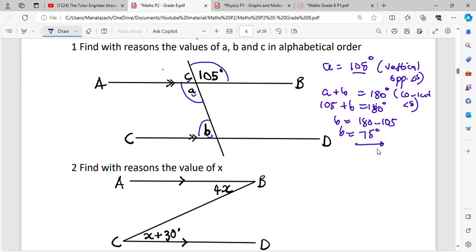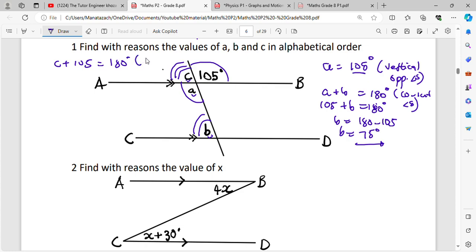And then let's go to C, angle C. We can see that angle C and 105 are on a straight line. We can just say C plus 105 is 180 degrees.